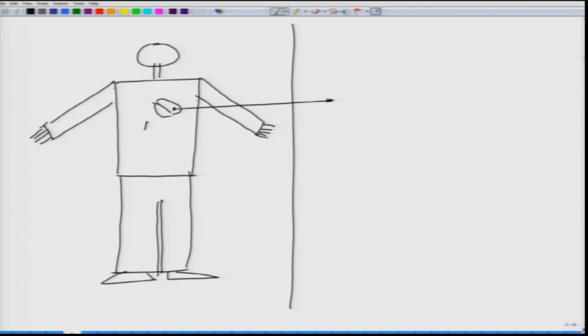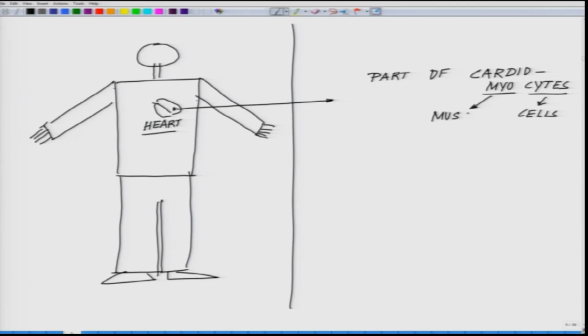This is the heart, and I took part of the cardiomyocytes. Cardio means heart, myo means muscle, cardiac muscle, and cytes means cell. For those of you who do not have a wide range of biology background, this is the breakup of that word, cardiomyocyte.